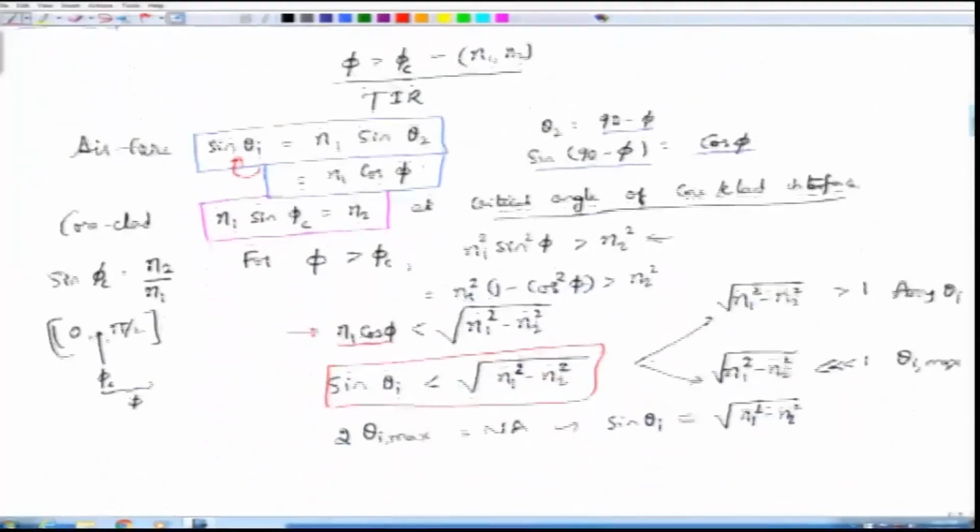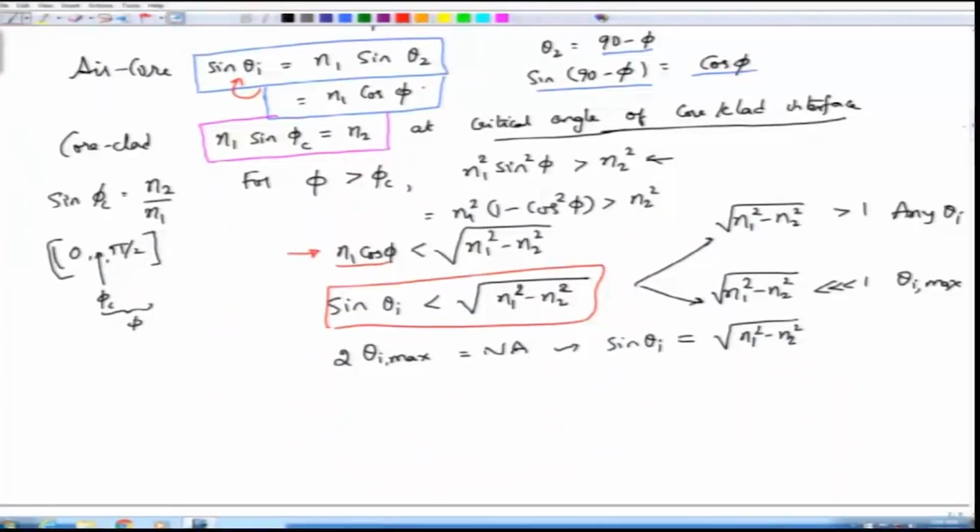However, for single mode fiber this is very small, and even for any other fiber in the current fiber family, the refractive index difference n1 square minus n2 square is so small, in fact much less than 1. In that case, as you start increasing theta I, sin theta I keeps on increasing, and n1 is fixed.